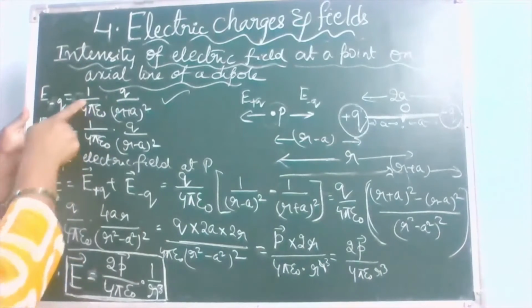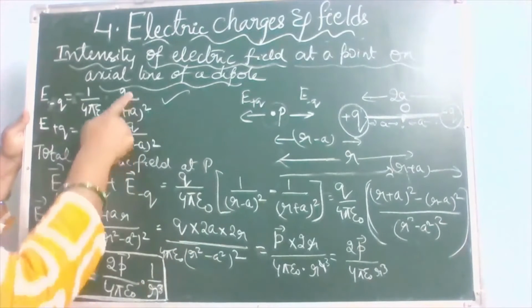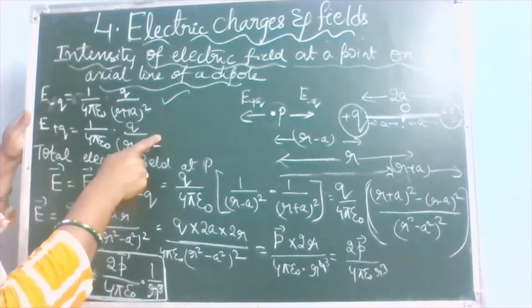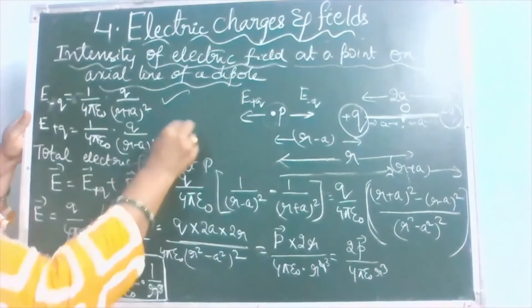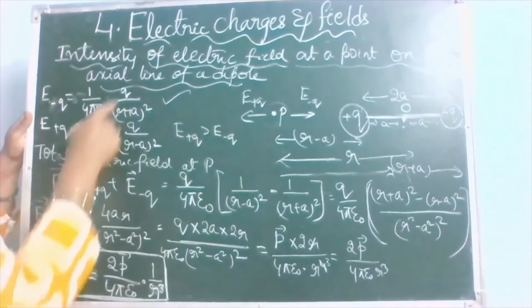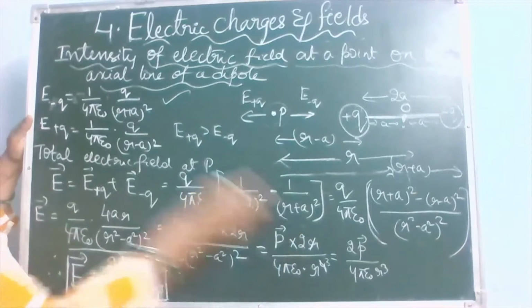So q by 4 pi epsilon naught into 1 by r minus a whole square. Why? Because this one is more and this one is less. So minus this one, 1 by r plus a whole square. q by 4 pi epsilon naught is common.